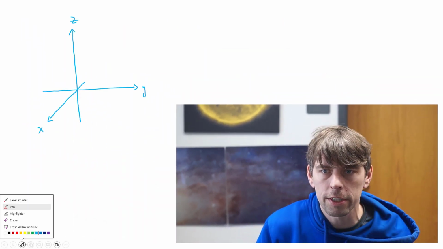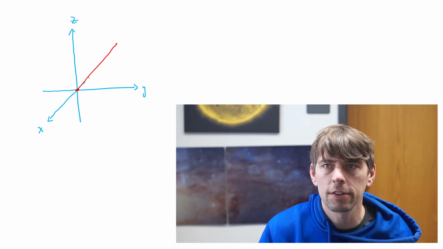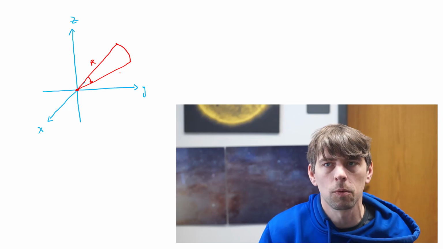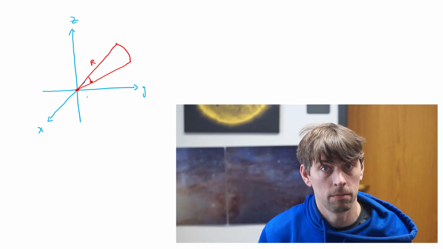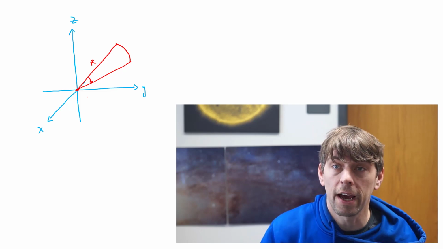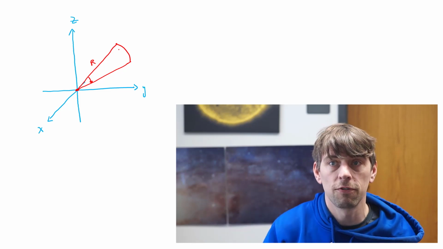So what's going on here? Well, you can imagine that some distance from the origin, I take a small angle going downwards. So this red line is some constant value r, and so I sweep a circle going downwards, say in the zy plane.